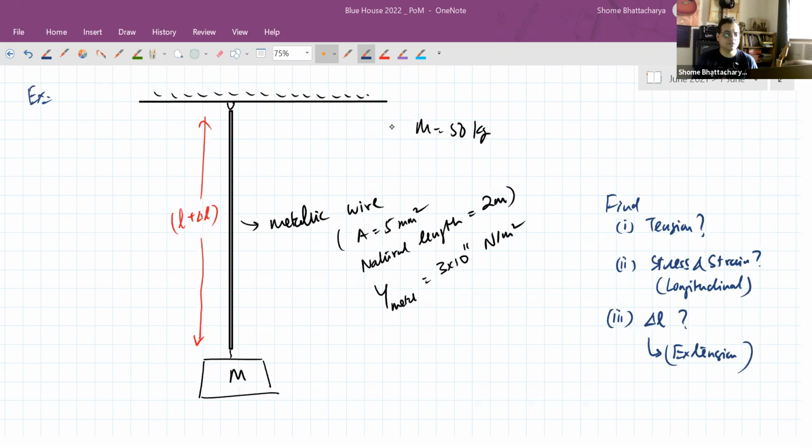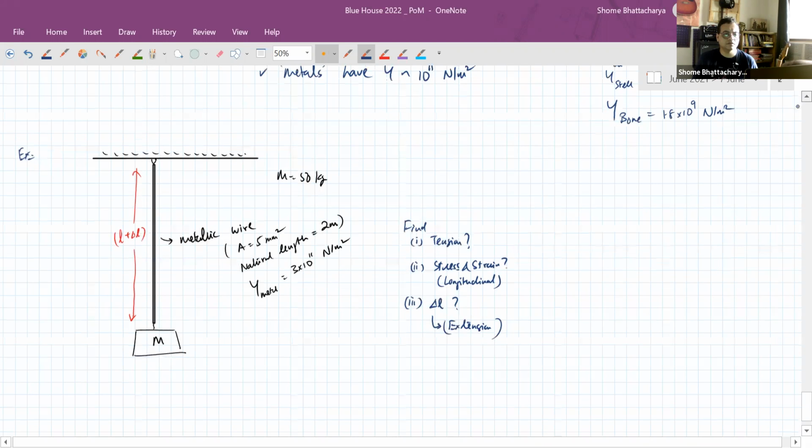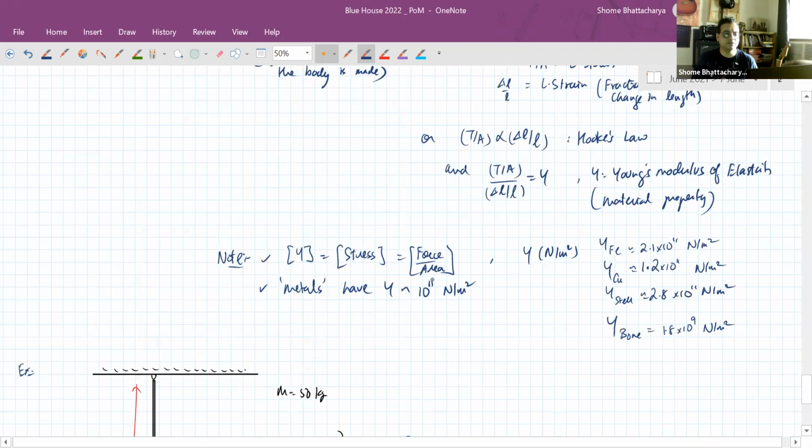Yeah, Newton per meter square. That's correct. The unit of Young's modulus will be Newton per meter square, because that is the unit of stress. Force per unit area. Stress upon strain is equal to Young's modulus.